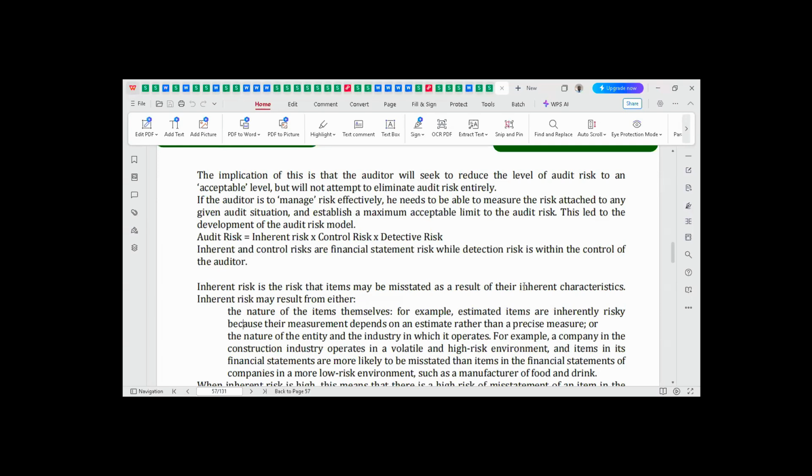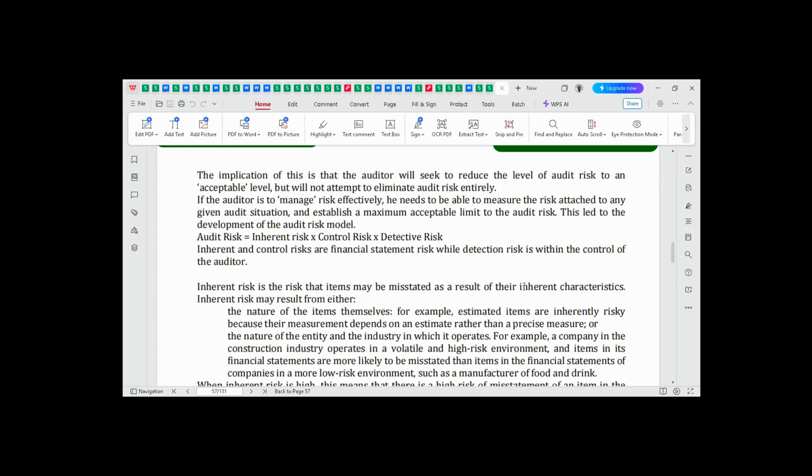So if you don't perform an impairment test, for instance, that means some of the assets in your financial statements are either overstated or understated. So that has satisfied the inherent risk that I'm talking about. I hope that is clear.